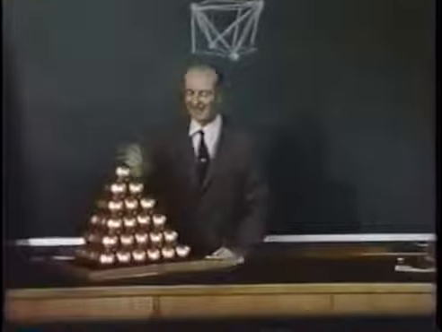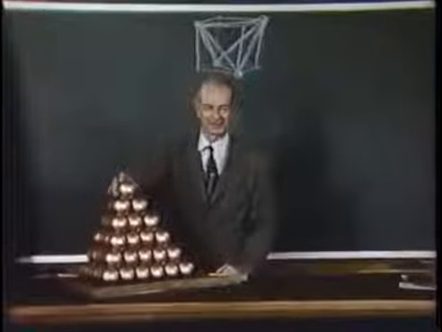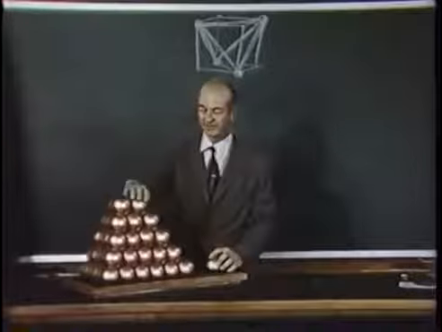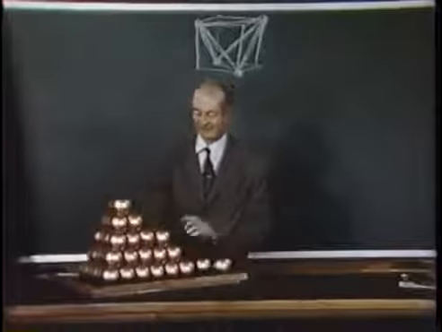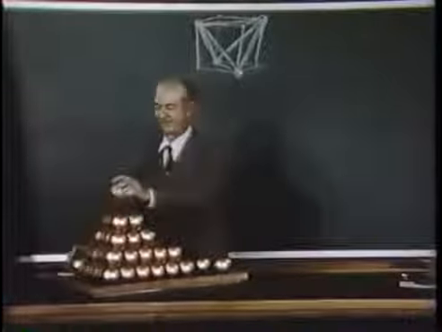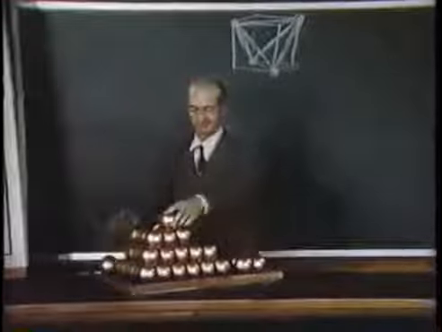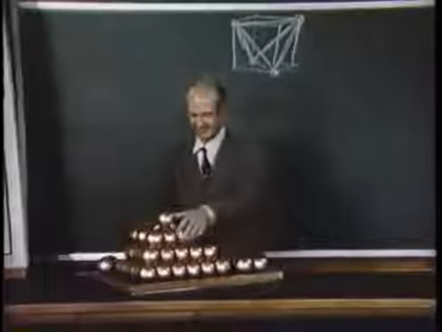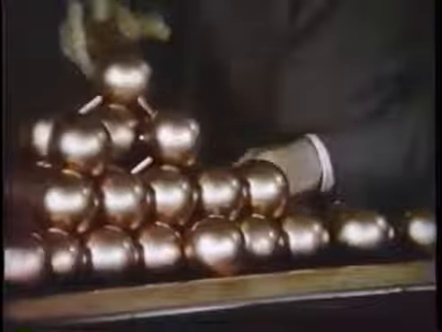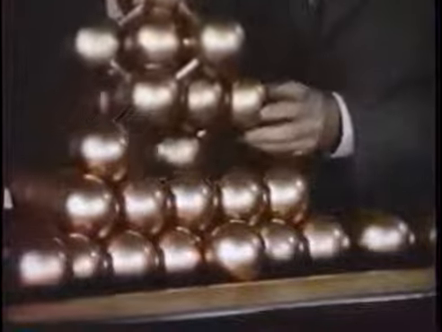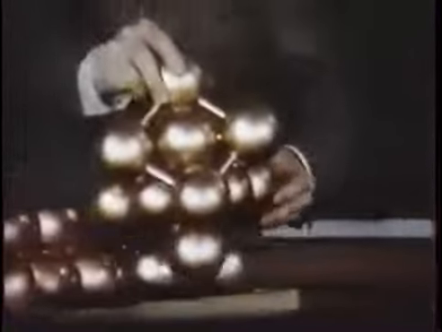Well, I think that I can prove that this has cubic symmetry in a different way. If I start removing copper atoms from this model, after a while I reach a state where I can lift out a group that have been fastened together.